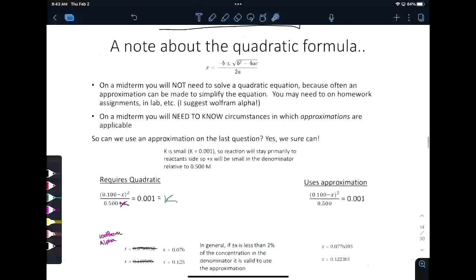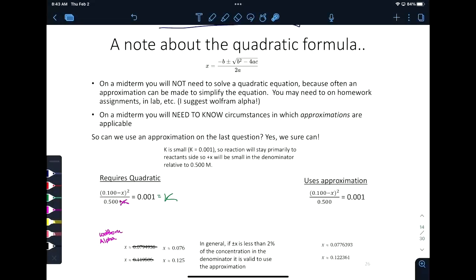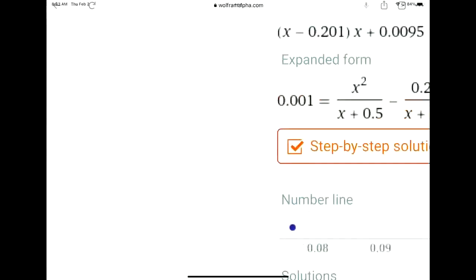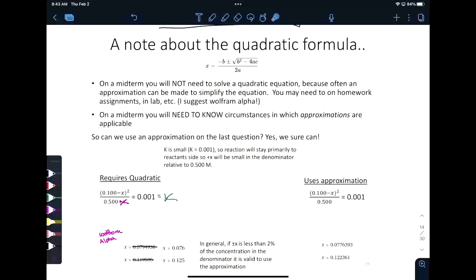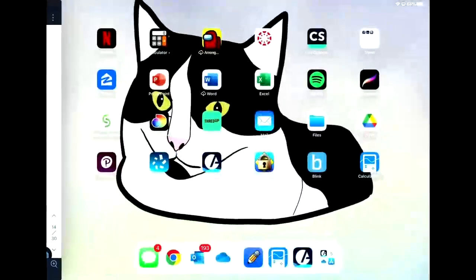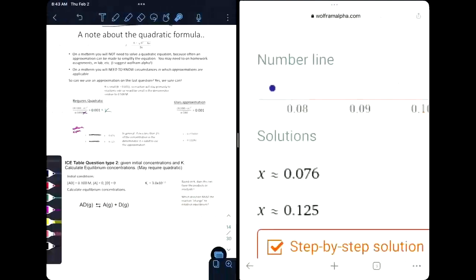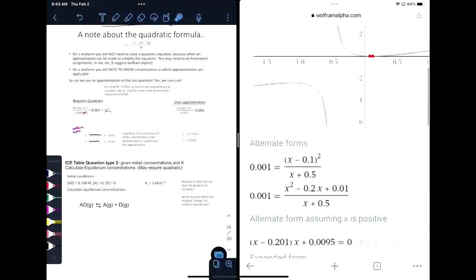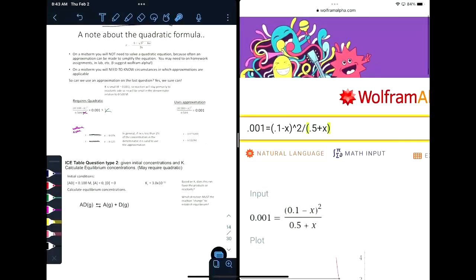So let's just see it. This is how I like to check in Wolfram Alpha whether we have to use the approximation or not. It's oftentimes the denominator that gets that plus or minus x removed.